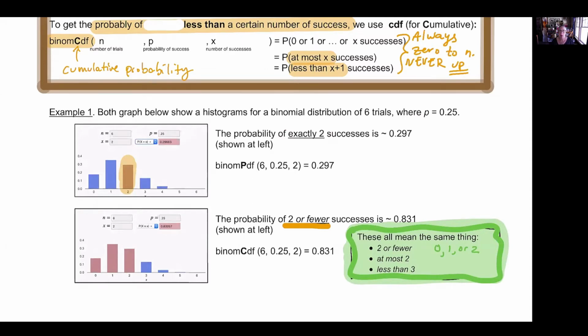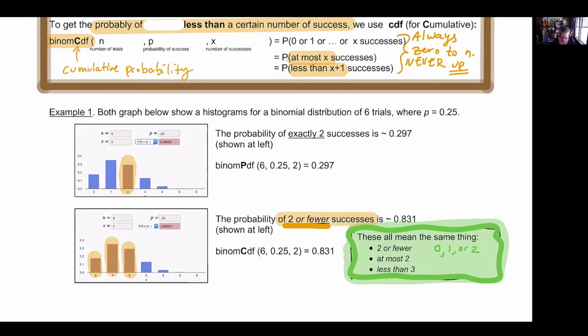Okay, and that's similar to what we were doing in the discrete probabilities in the beginning of lesson 12. I'm finding the probability, or the height, of just that one bar. But if I want to know the probability of 2 or fewer successes, that is the cumulative probability of these 3.